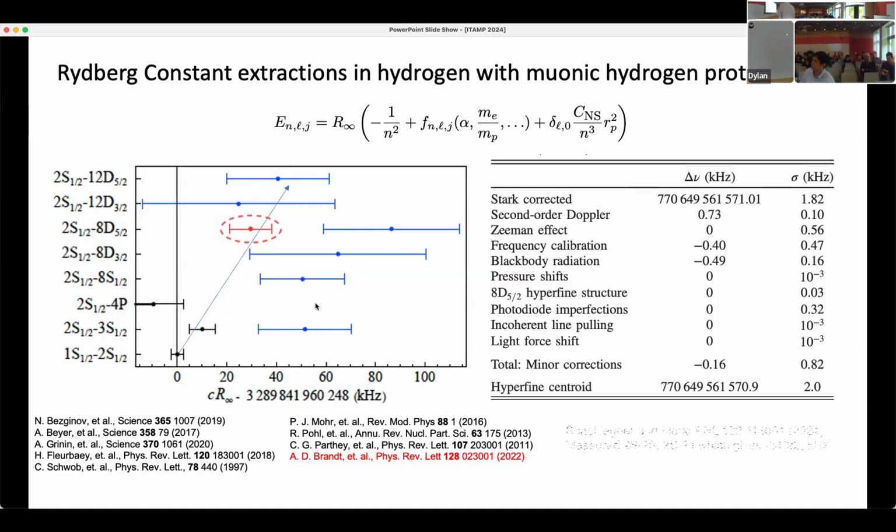And another thing is that very recently there was a measurement at ETH which went to very high n, to 20 and 24. It's not included on the plot because it would be back in this region with error bars that would barely show up on the plot.